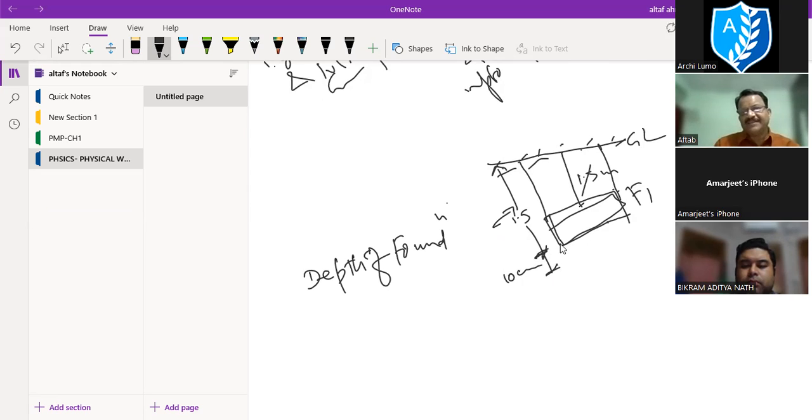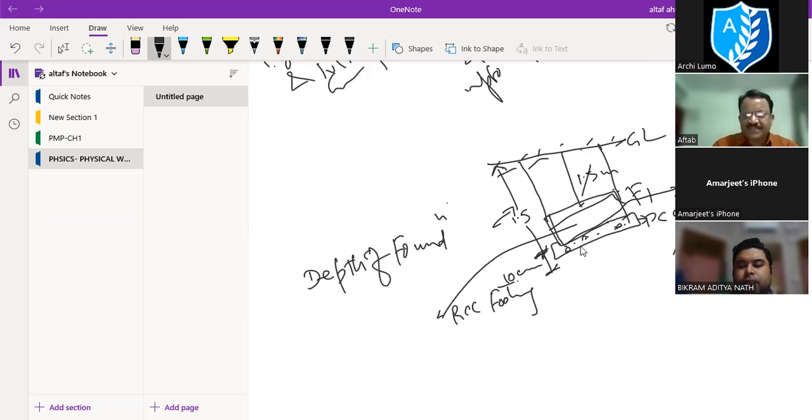Because in this 10 cm, you have to keep PCC, plain cement concrete, without steel, without reinforcement, and this part may be your RCC footing.